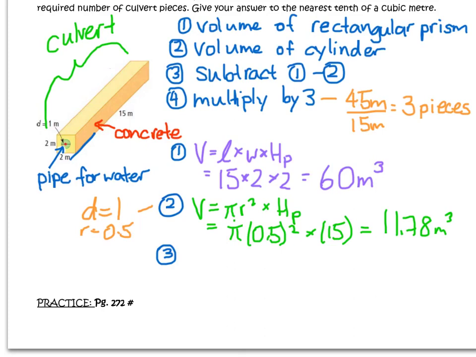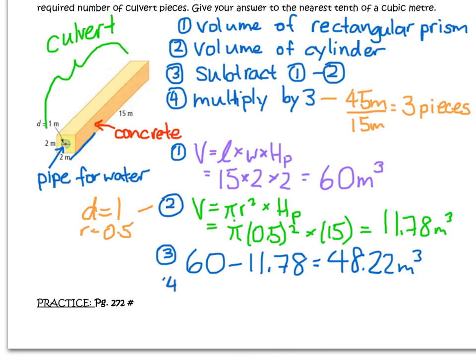Then step 3 was subtracting the volume of the cylinder from the volume of the rectangular prism, which should have given you 48.22 meters cubed.